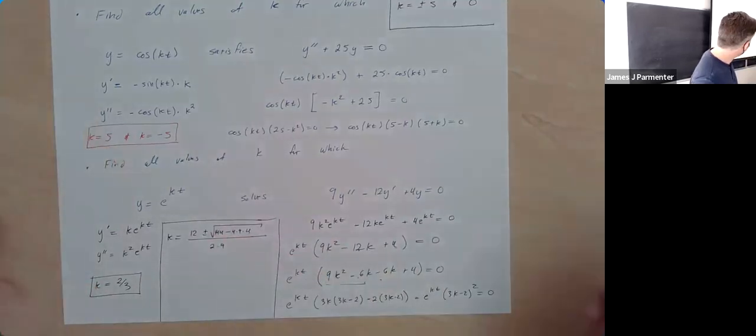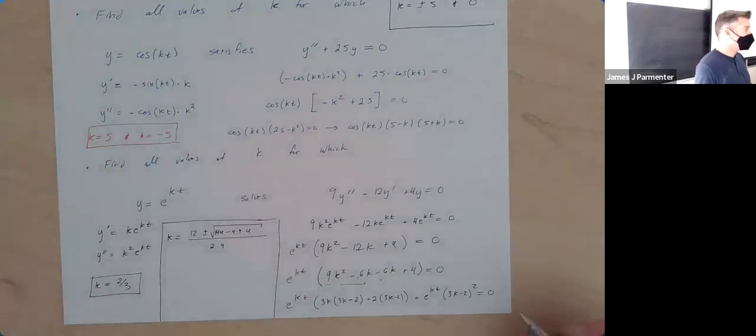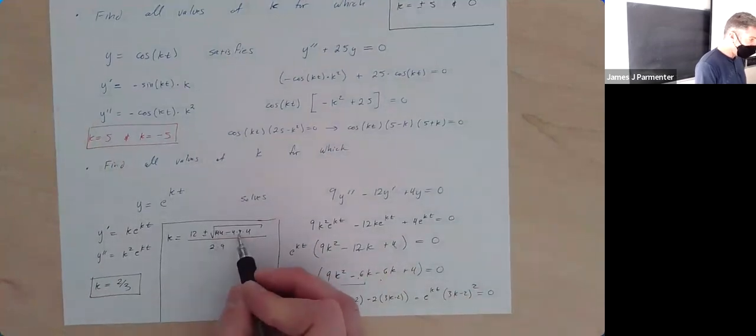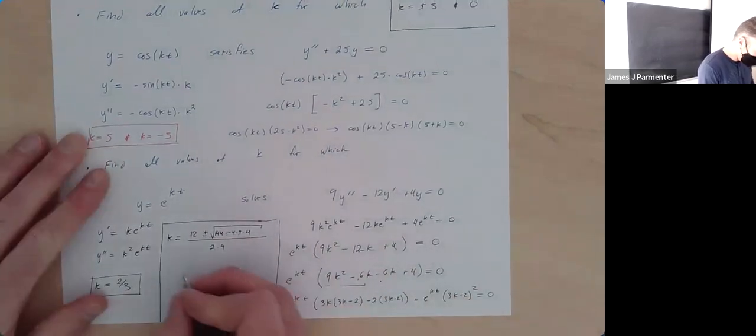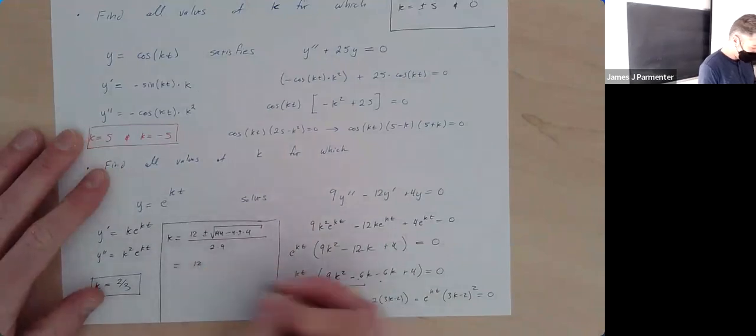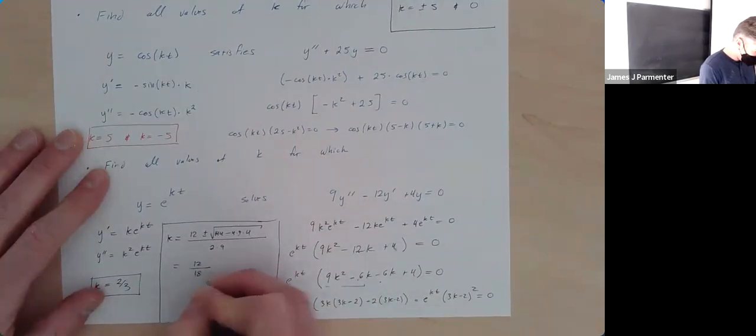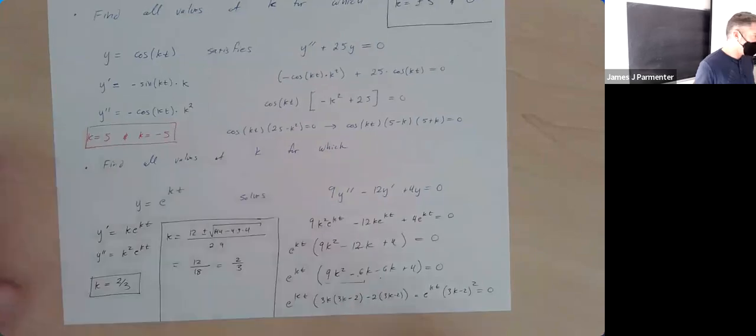And notably, 4 times 9 times 4 is 36 times 4, which is 144. So this 144 minus 144 is just going to be 0. So we end up getting 12 plus or minus 0 over 18, which is exactly 2/3. But that can be challenging to calculate, so I usually try to go with factoring if I can see how to factor, but the quadratic formula always works.